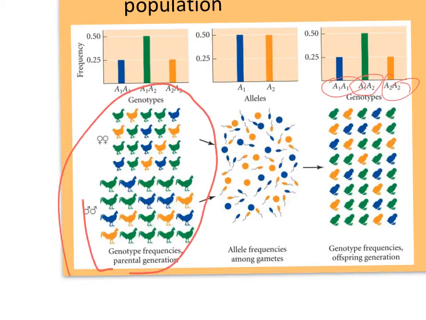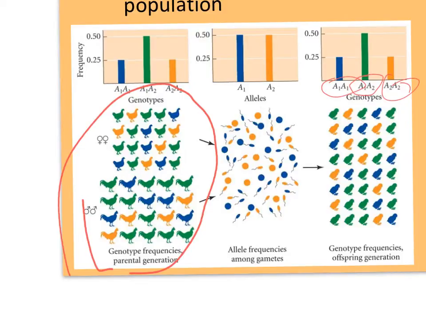Okay? Individuals who are A1A1, in this case, their phenotype. Now, there's a genotype and a phenotype. We'll explain that in a second. Their phenotype is they're a blue chicken. Those that inherited two A2s, they're orange, that's their phenotype. And those that inherited one of each, they have a green phenotype.